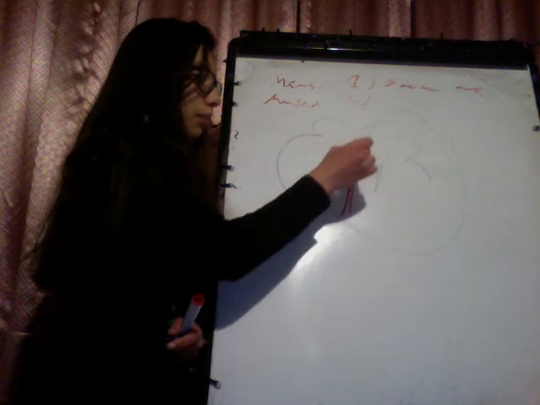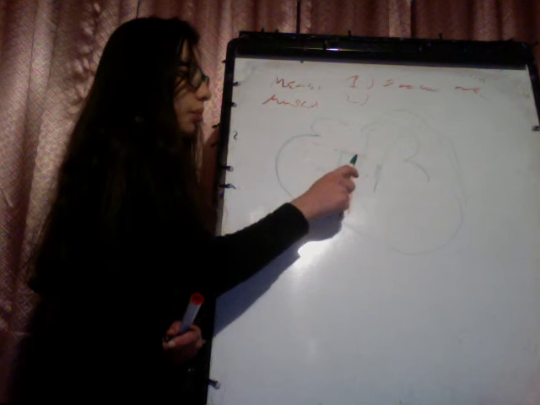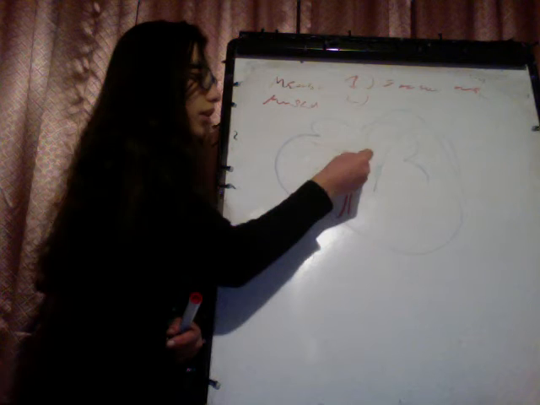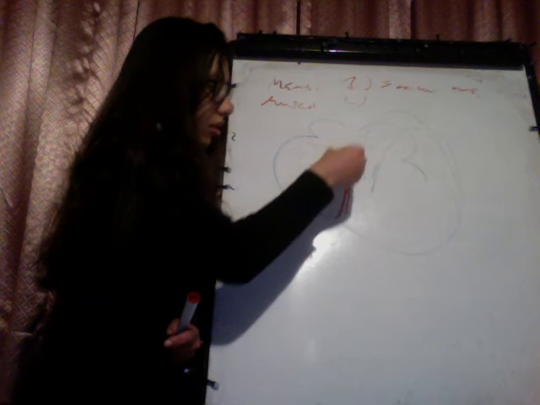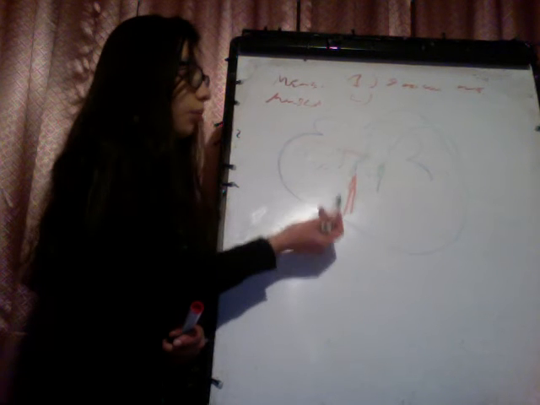We have a septum, so we have spiral of this septum, and when this septum spirals, after that it fuses with the interventricular septum, the muscular part.